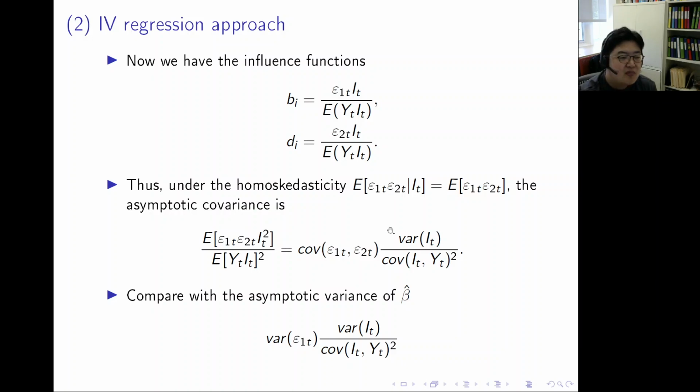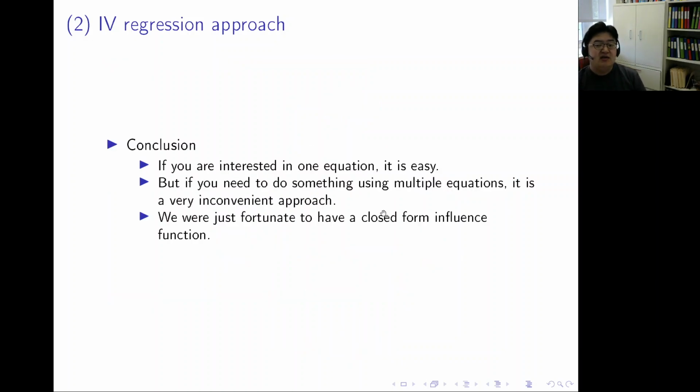Okay. So this is the IV regression approach. As you can see, we are using one equation only. We are considering equation by equation. So if you are interested only in one equation, then this is very helpful. Or if the model is too complicated to consider everything at the same time, then separating out one equation will help you.